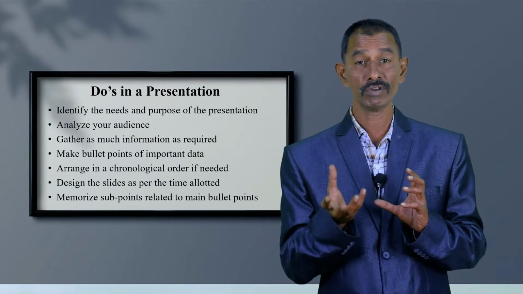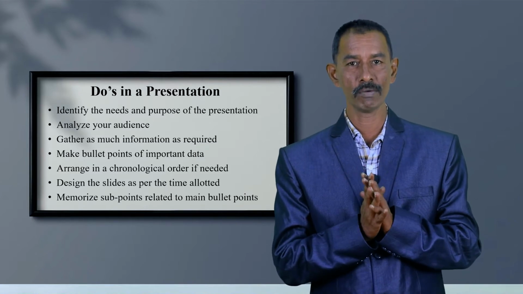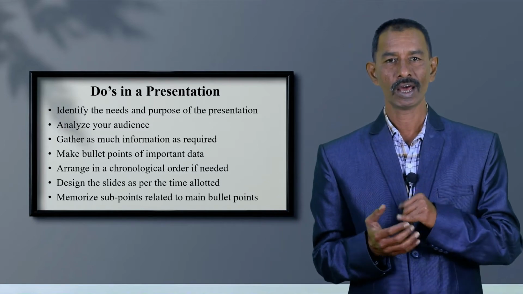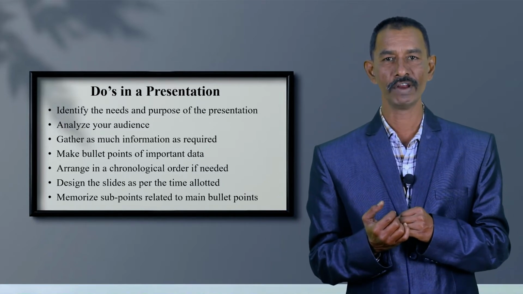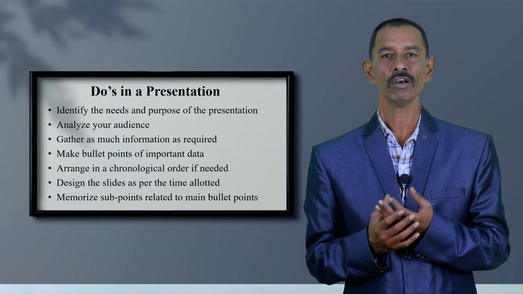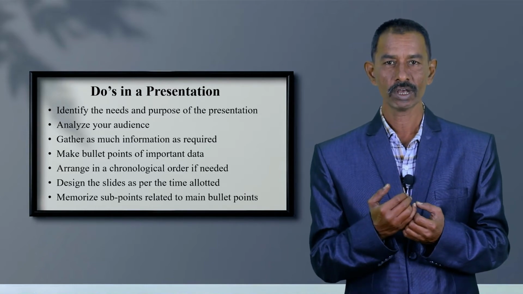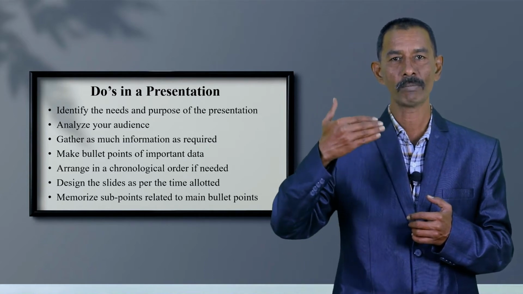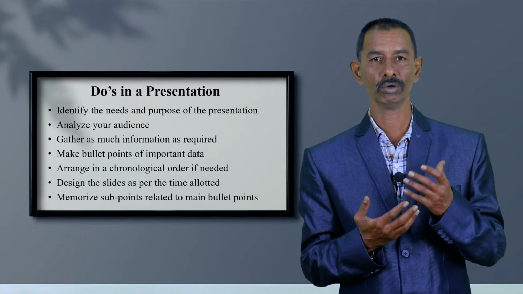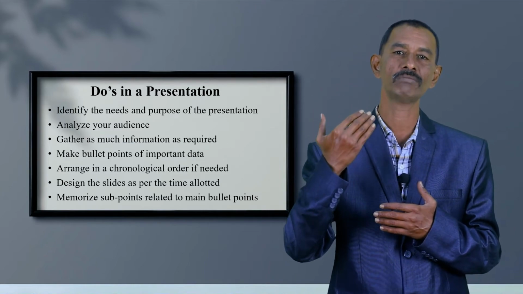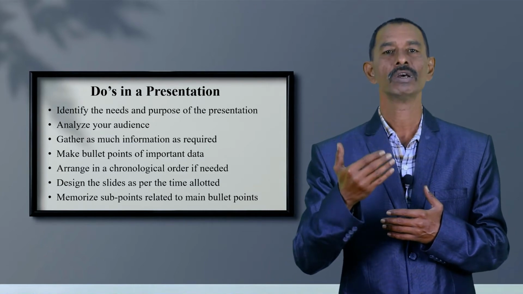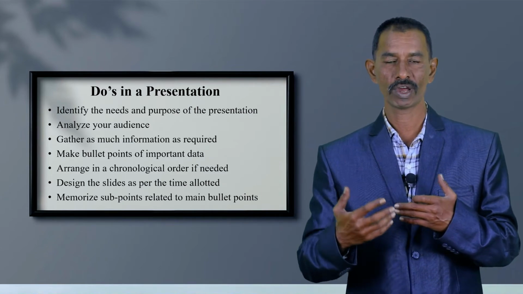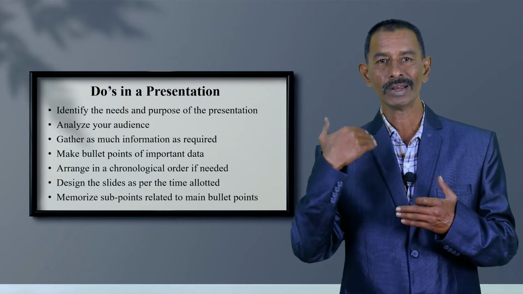But the very important points you should prepare as bullet points and arrange in chronological order if needed. If data is related to time, arrange it chronologically: first the past event, then the present, and if there is something related to the future, it comes next.